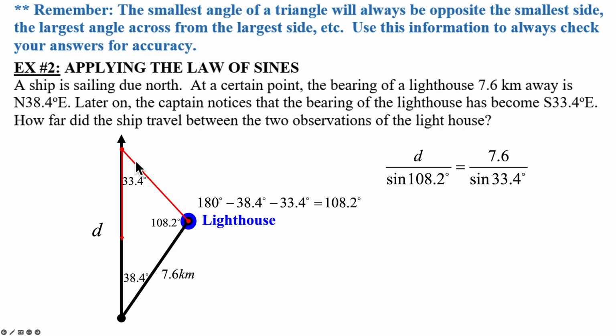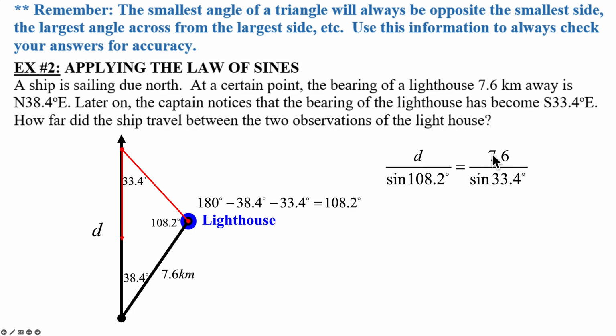Well, we don't know this distance of the second observation, but we don't need it because we're only asked to solve for D. Okay, D over the sine of 108.2 degrees is equal to 7.6 over the sine of 33.4. All right, calculator entry, use your cross multiplication rule for your proportions to build your calculator entry.